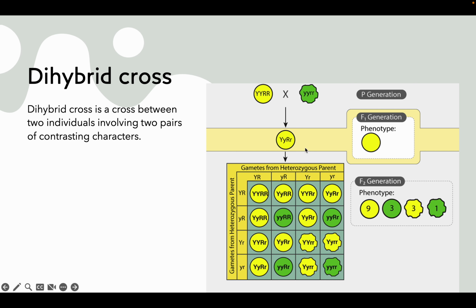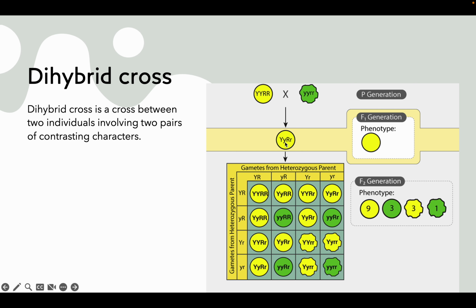And when we cross this F1 generation, the gametes that we get involve the segregation of both genes. So this capital Y can be segregated with capital R, or it can also be segregated with small r, right?